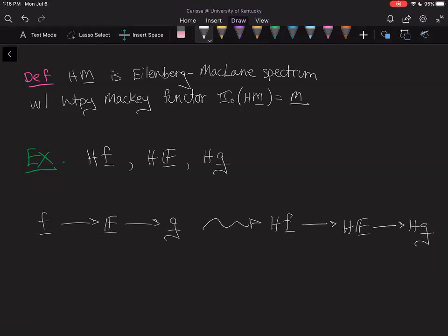Which is super awesome for calculations because we're decomposing genuine G spectra. And one thing that's helpful for doing that is to have cofiber sequences. We'll see why later on. And a great way to get cofiber sequences is to go to Mackey functors, because it's a lot easier to write down a short exact sequence of Mackey functors than to figure out a cofiber sequence.